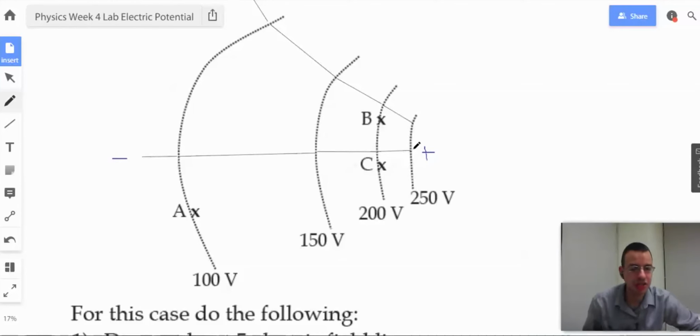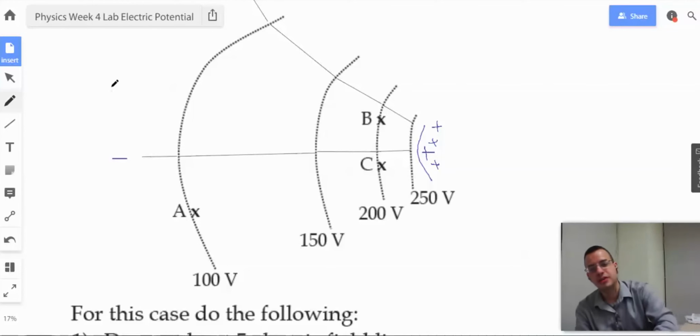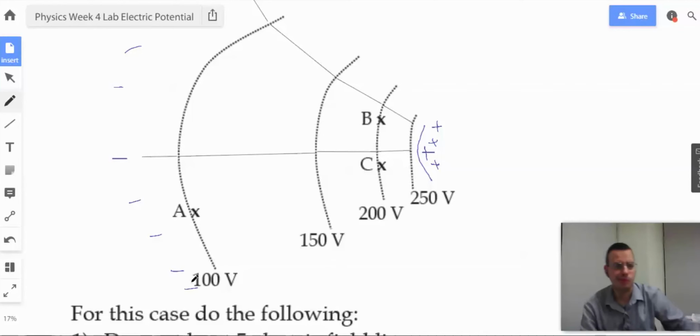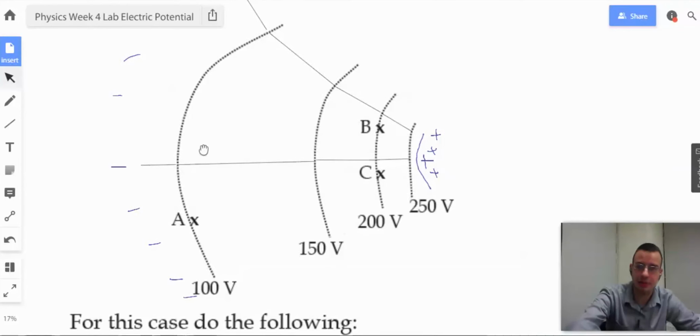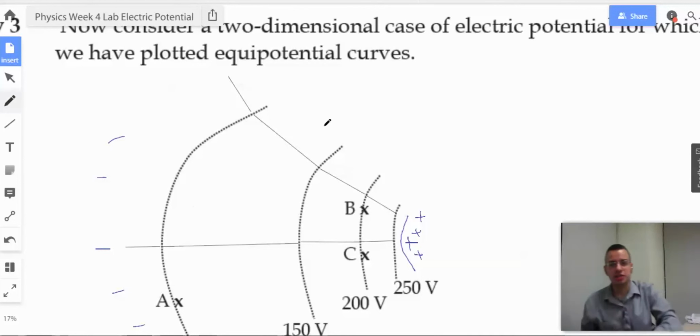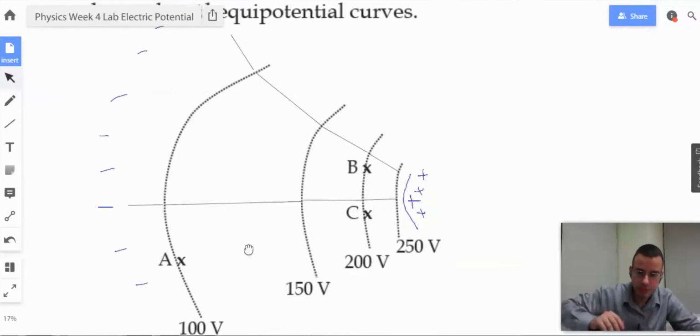That way the positive test charge would be pushed away from this positive charge. This is the same idea as before: whenever I have electric field lines, I draw something like parallel plates, except these aren't really parallel. I'm going to pretend they are, just so that I can get the concept right. Over here we have negative, over here we have positive.